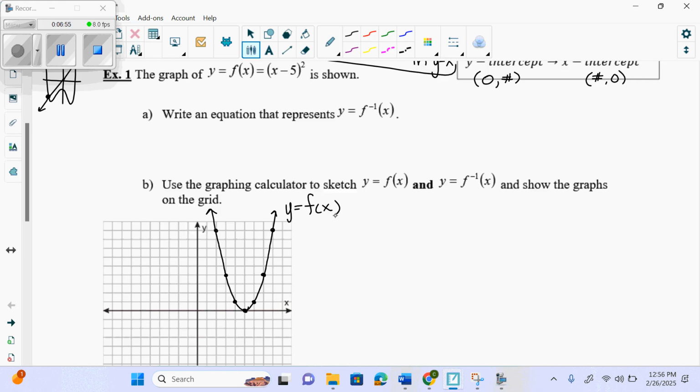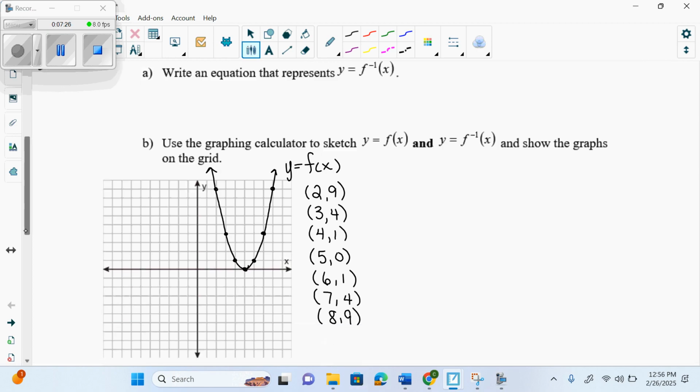So from the original, my coordinates are 2 and 9, and 3 and 4, 4 and 1, 5 and 0, 6 and 1, 7 and 4, 8 and 9. And these are from y equals f of x.